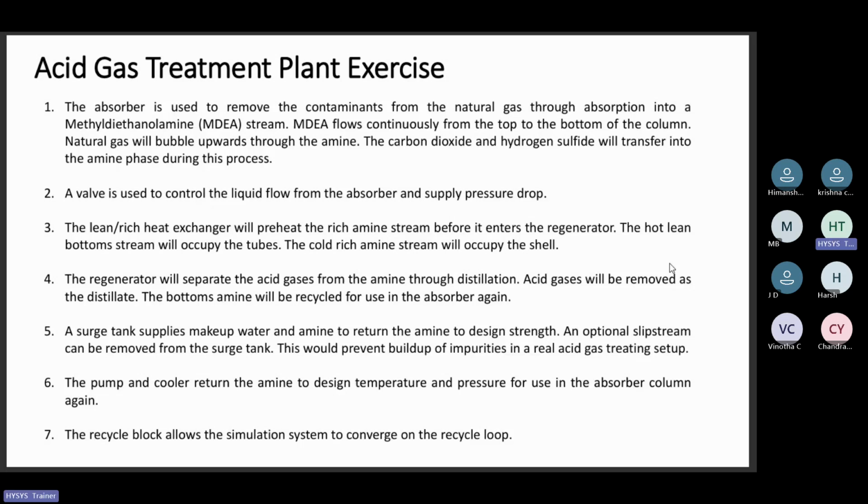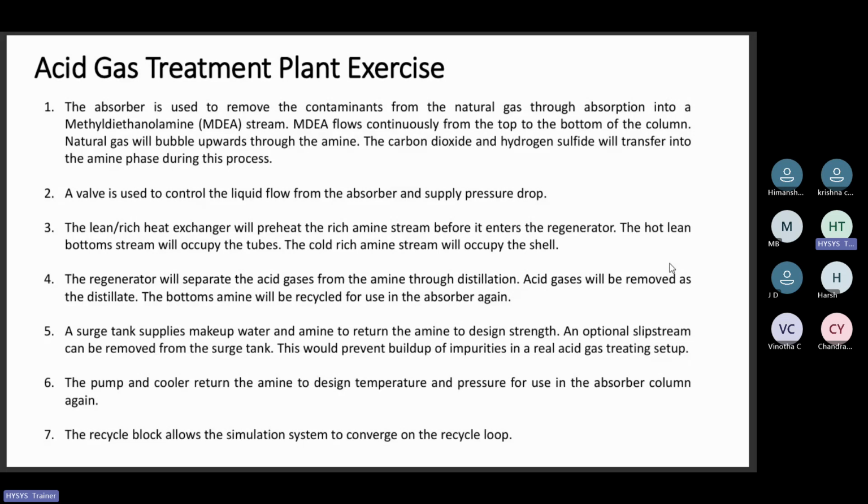So we will be using amine as MDEA. The MDEA flows continuously from the top to the bottom of the column. Natural gas will bubble upwards through this amine. Carbon dioxide and hydrogen sulfide will transfer into the amine phase during this process.